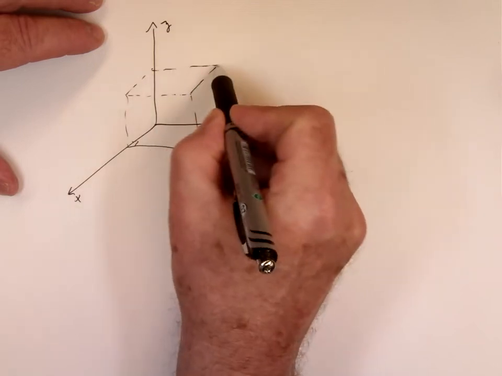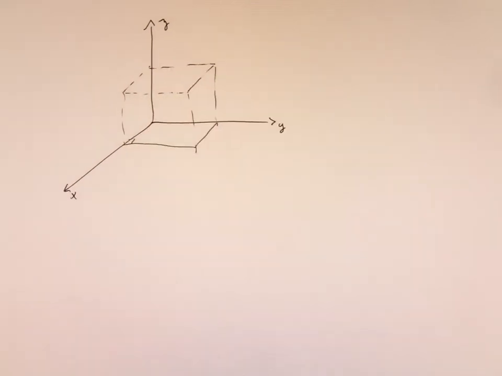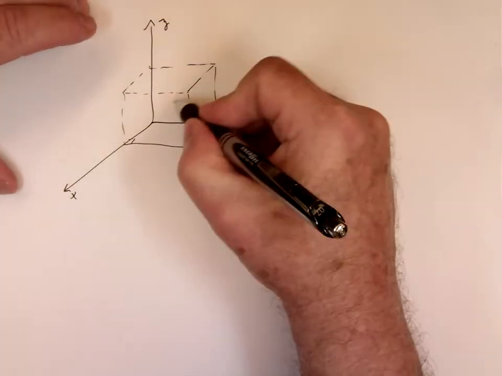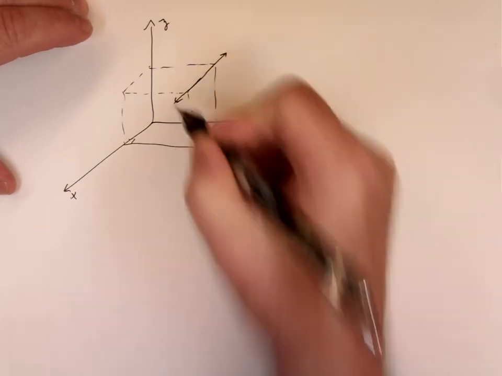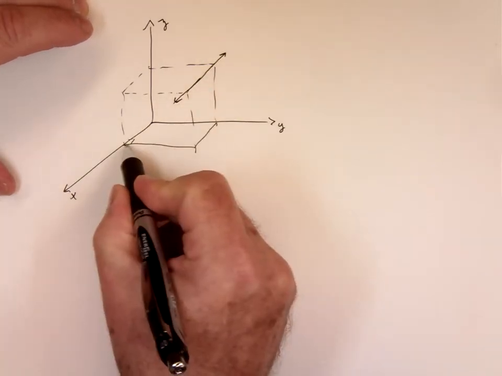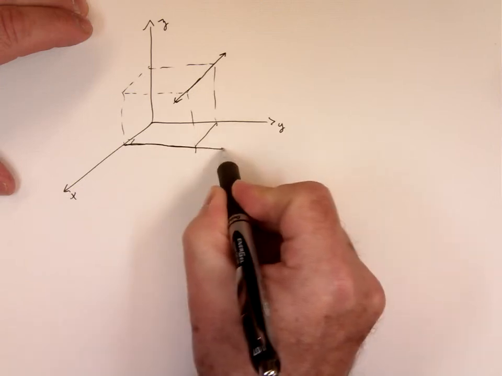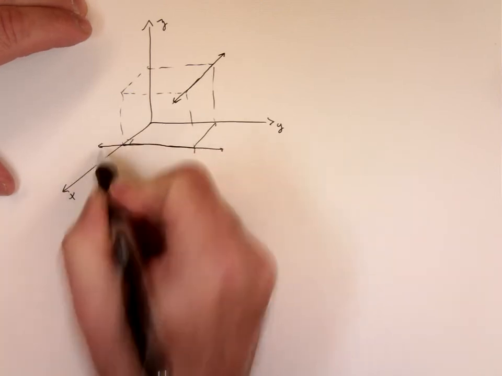Okay, here we go. An example of two skew lines would be this line and this line. That would be an example of skew lines.